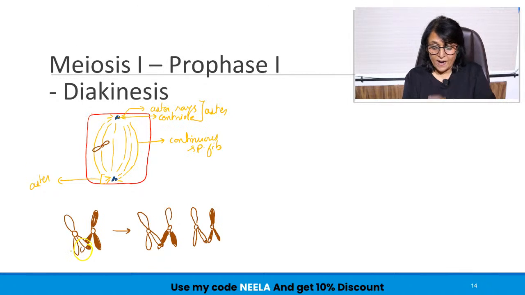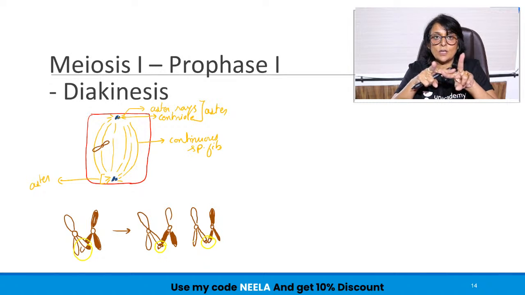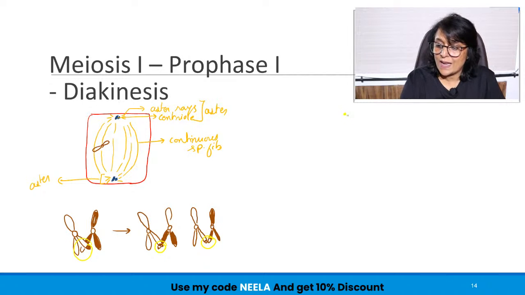In the next part, it has come to very close to the end, and here it is already separated with exchanged genetic material. So as I said, terminalization starts from the point where crossing over takes place, and then it moves closer to the tip. Slowly these two arms will get separated. So this is known as terminalization.